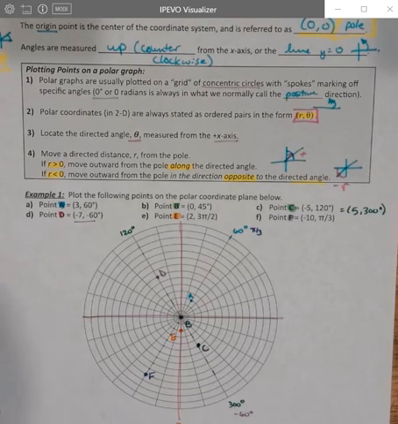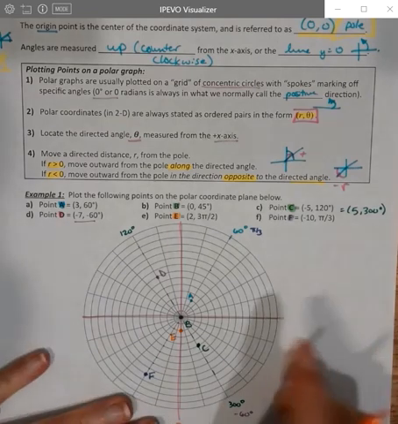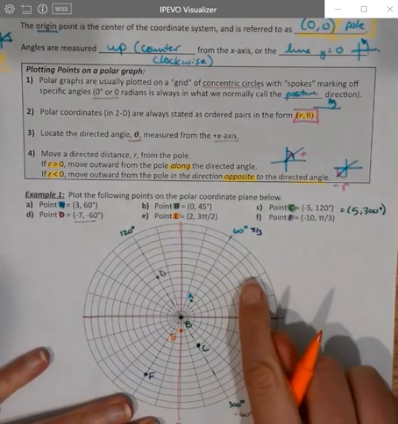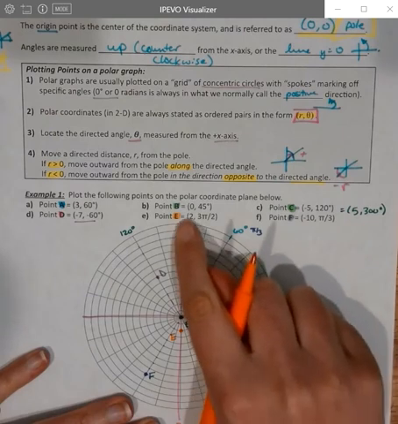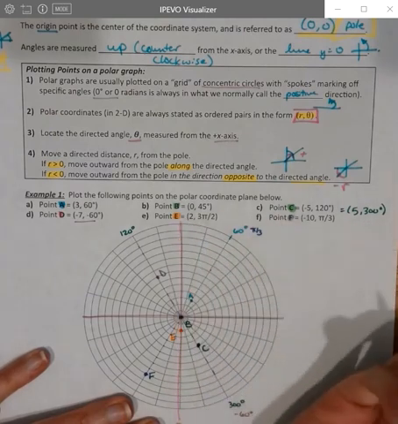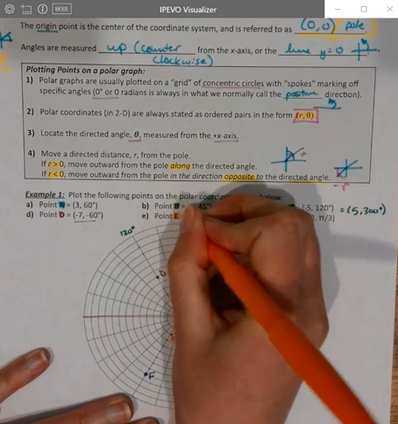The first thing I would do, and something I didn't do last time, is take a second to label some of these angles. If I count them, I have 1, 2, 3, 4, 5, 6 slices before I get to pi halves. So that's pi halves up here.